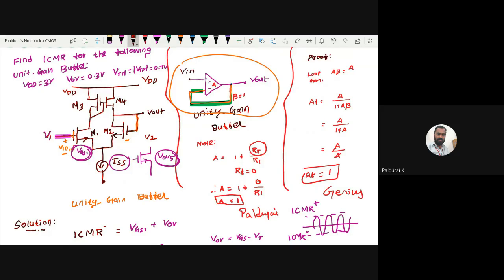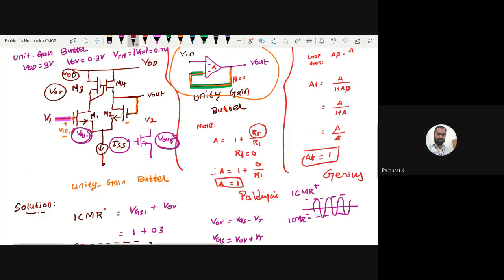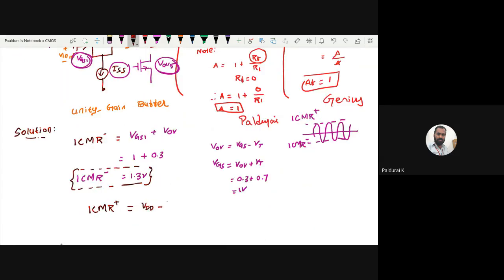So what is the voltage drop across either M3 or M4? That is one overdrive. So we are applying VDD, and out of this VDD, one overdrive is dropped. So VDD minus the overdrive voltage will give you the ICMR maximum value. That is 3 minus 0.3, which is 2.7 volt. So this is the way to calculate ICMR plus.